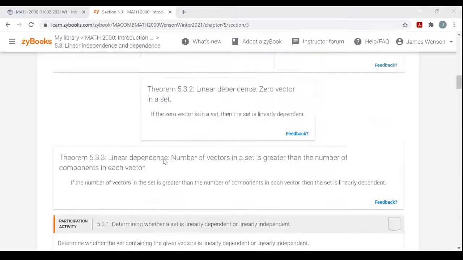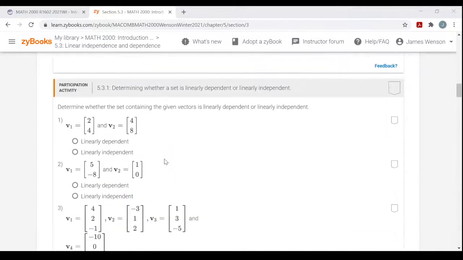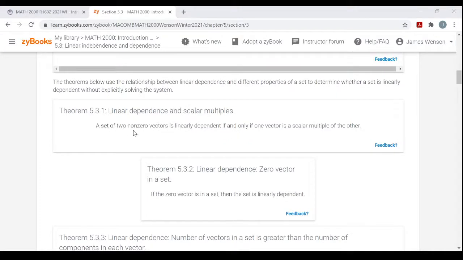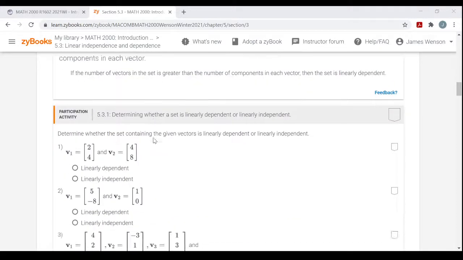So using all these statements here, these 3 statements, they're asking us to determine, you can determine very quickly whether or not the set of vectors is independent or dependent. So if you have a set of just 2 non-zero vectors, it is linearly dependent if and only if one vector is a multiple of the other, a scalar multiple of the other.